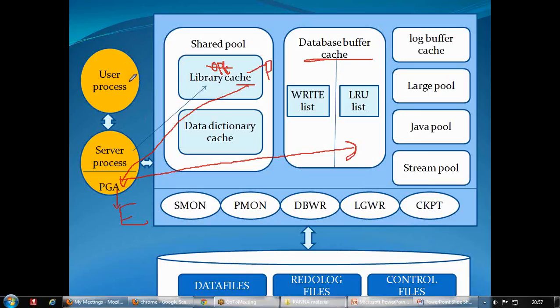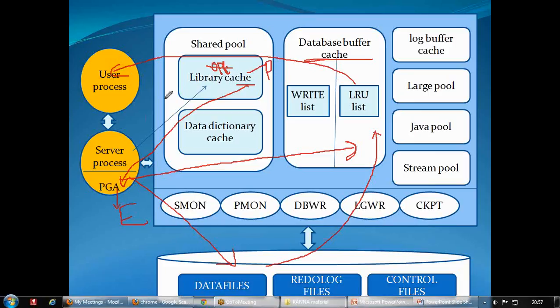If the data is not found in the LRU list, the server process travels to the data files or database, copies that data into the LRU list, and then the data copied into the LRU list is given to the user process.